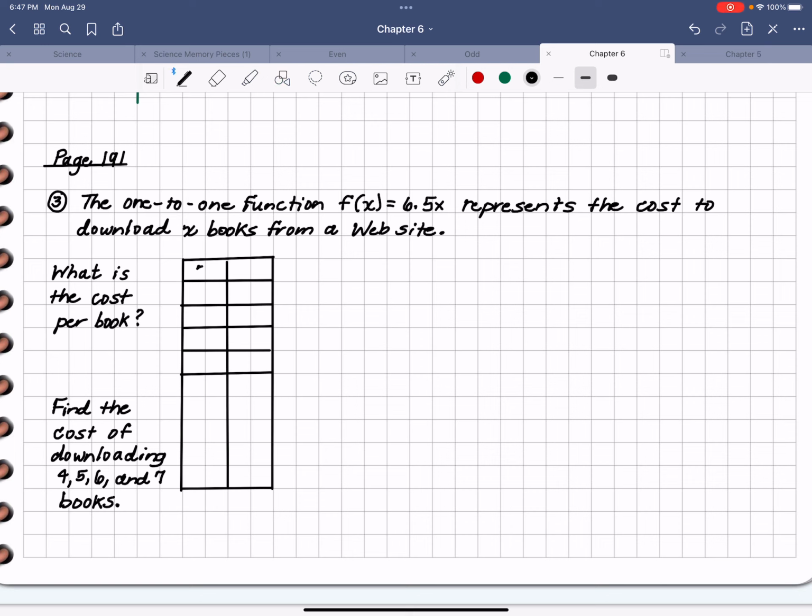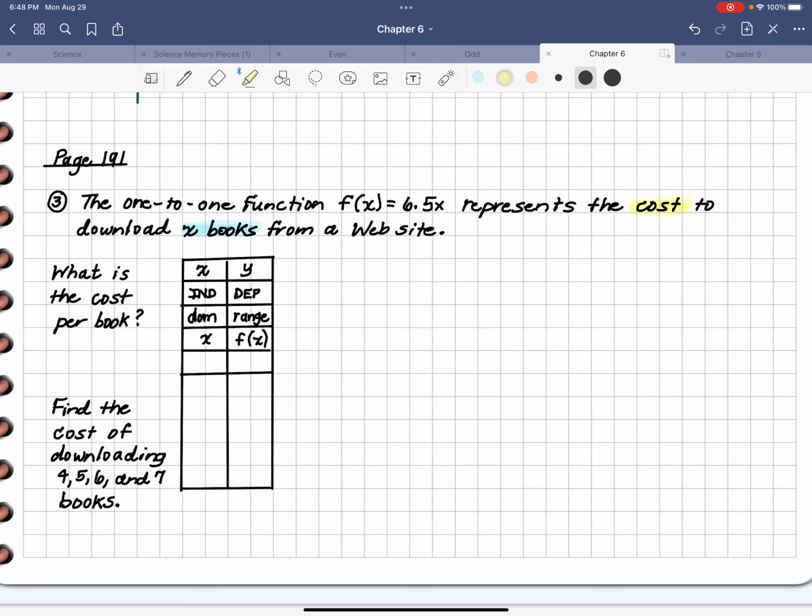You learned this first as just plain old X and Y. We talked about that the X's are the independent and these are the dependent variables. We called it domain and range. We called it X and f of X. And in this particular problem, we have X books, and then the other part is the cost.